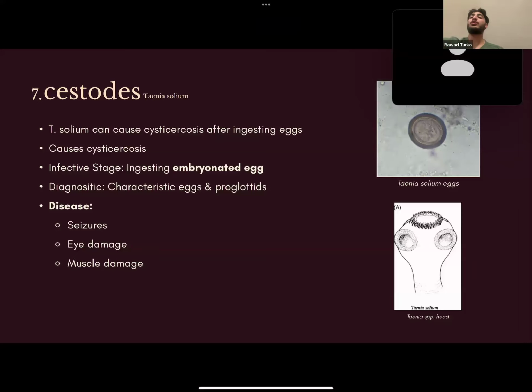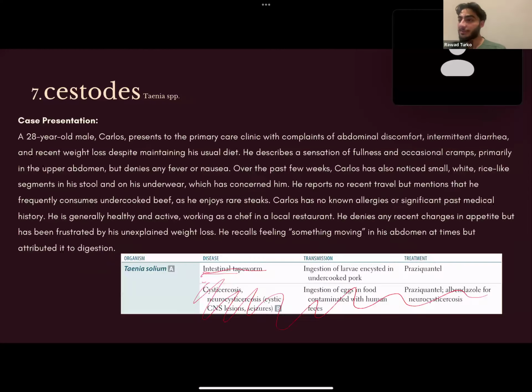And what sort of diseases can it cause? It can cause seizures, and that's because it can manifest in the brain. It can cause eye damage. It can cause muscle damage. All of these are because these cysts are going to various parts of the body, most commonly brain, muscles, and eyes. So this is what the eggs look like. Again, it looks the same as this. Actually, it's the same picture.